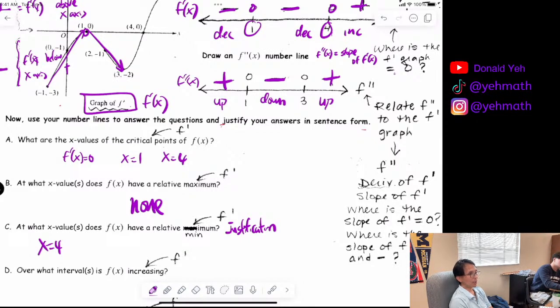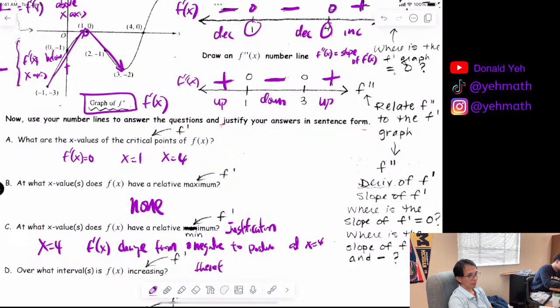If there's a justification, you better explain in the first derivative test way. You have to say f prime of x changes from negative to positive at x equal to 4.